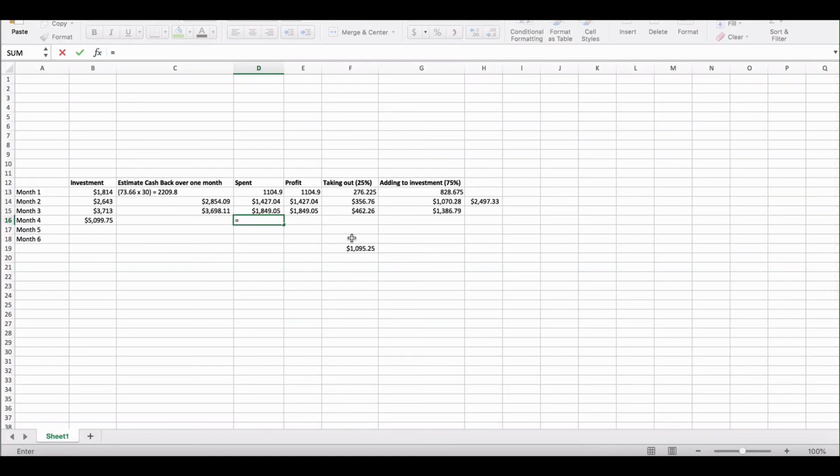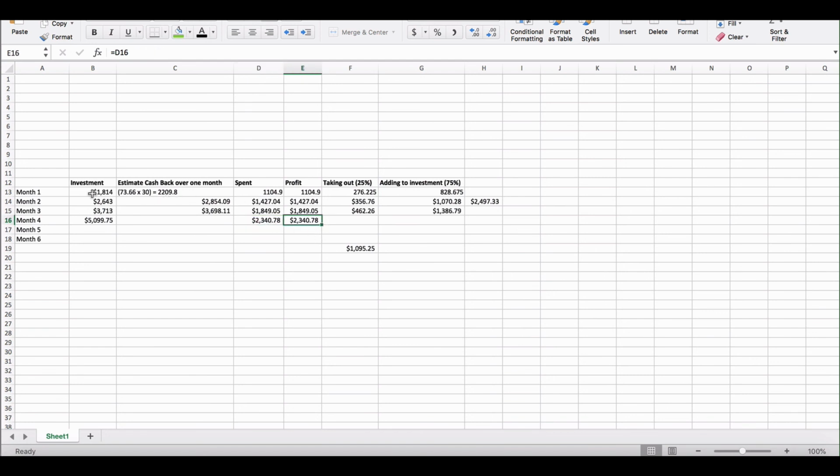So we say this equals 0.153 times investment, times 30 days. So we're going to get this amount spent each time, and then that will be our profit. So that's going to be a profit each month.